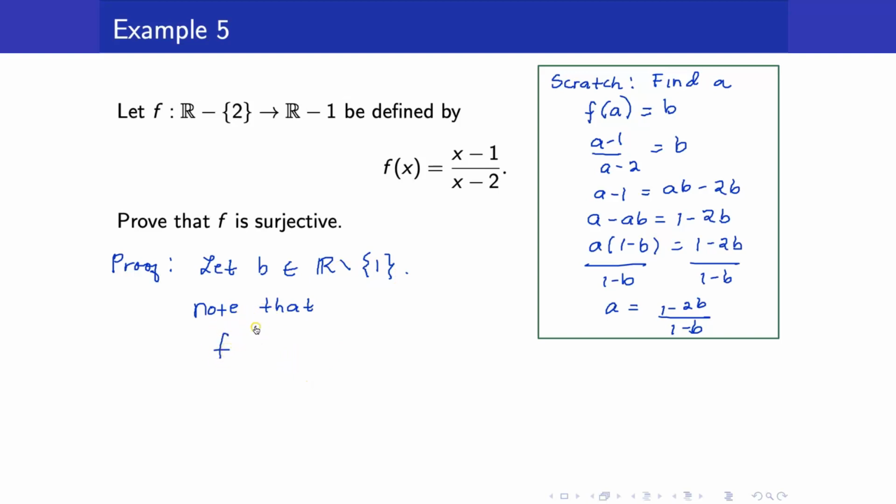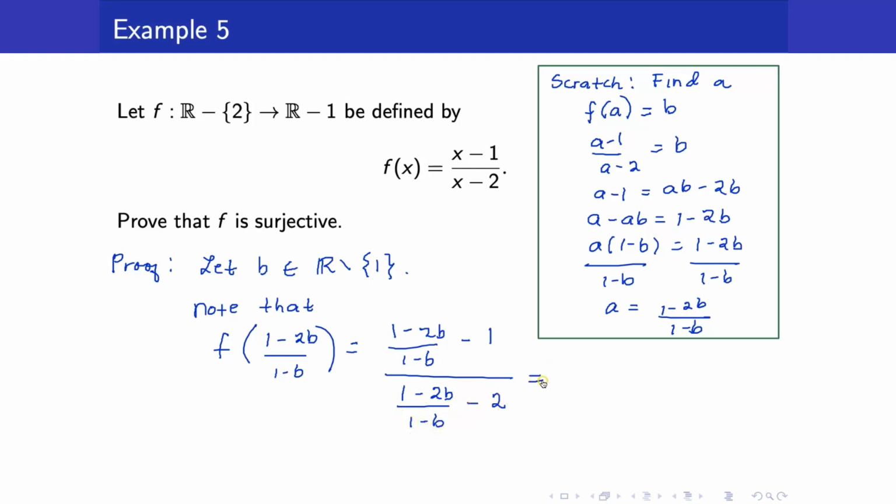So f of 1 minus 2b over 1 minus b is equal to 1 minus 2b over 1 minus b minus 1, all over 1 minus 2b over 1 minus b minus 2. And then show eventually that this is really equal to b. I will leave it up to you to continue that. That is just algebra.